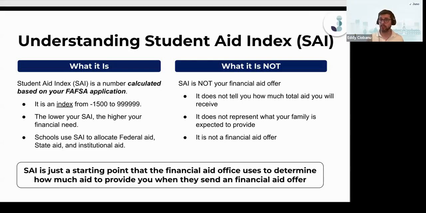I want to be really clear about this again, because there's the previous terminology, the Estimated Family Contribution, which is a bit different, and a lot of families still have that in mind when they're going through the application process. It's the starting point that financial aid officers use to determine how much aid is provided. And so that is what you'll see reflected in your financial aid offer.